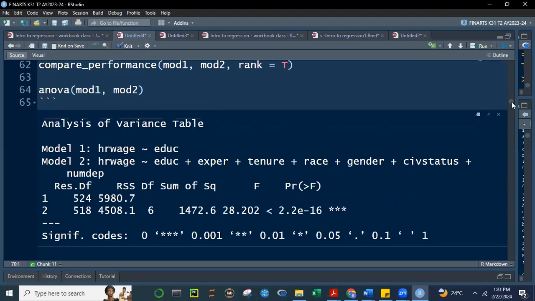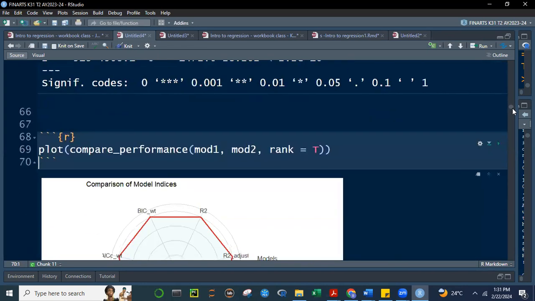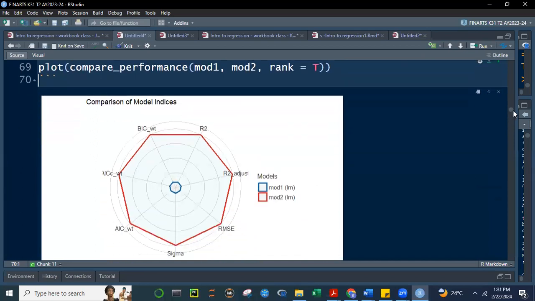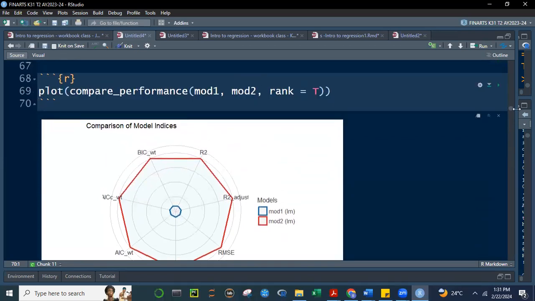Okay, let me pause for a while. Are there any questions? Kanina ginawa natin yung compare performance. Kaso tabular siya. Dito, pinagawa natin na plot. Kindly chat, please, if we're clear so far.